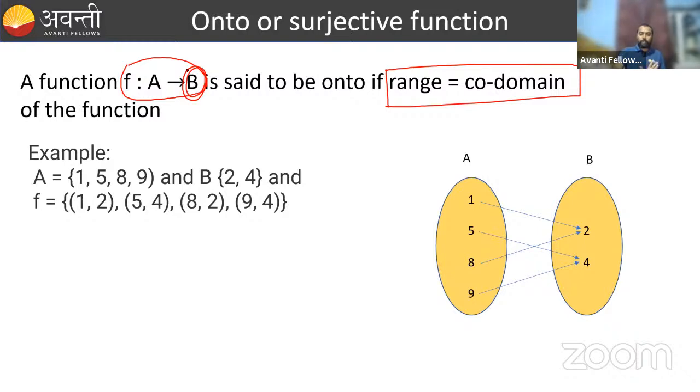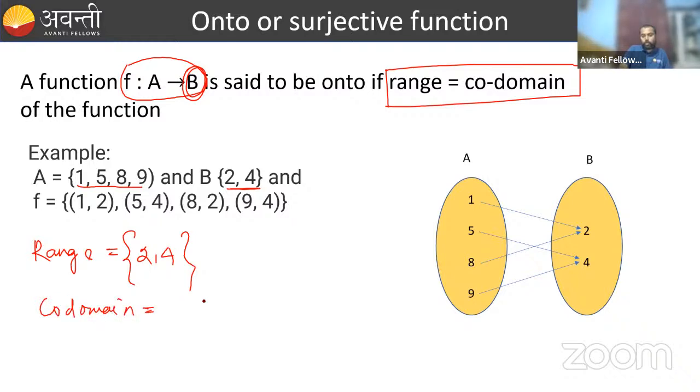Clear? Here in this example, set A has the elements 1, 5, 8, 9, and set B has the elements 2, 4. So the range set is 2, 4, and the codomain is given as set B, which is also 2, 4.